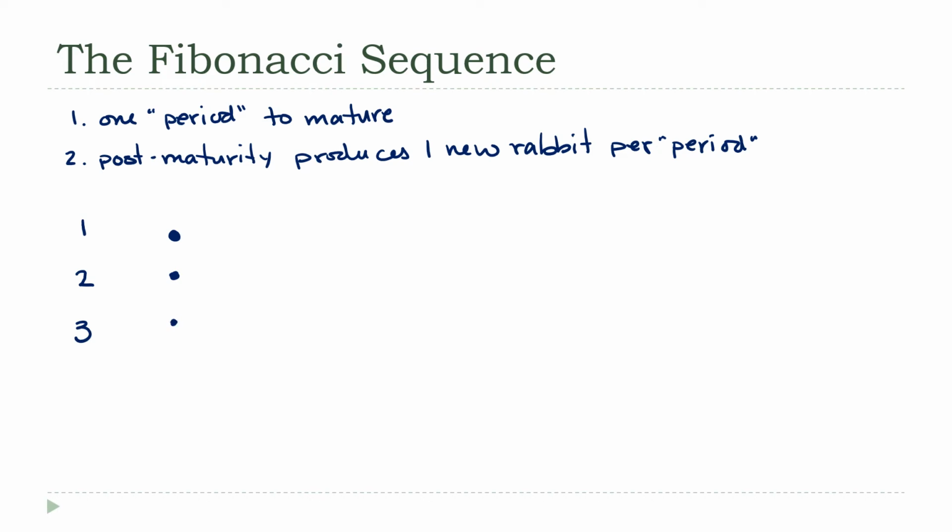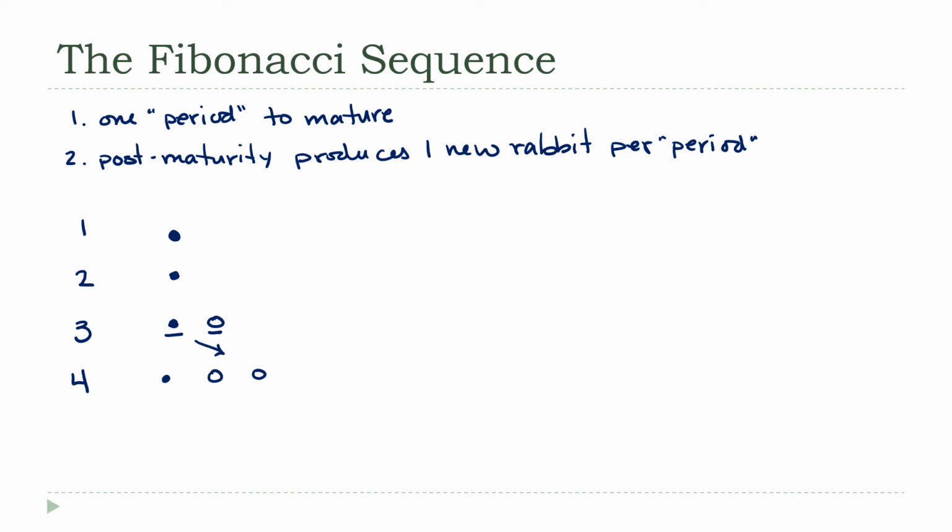So now we have the original rabbit plus its offspring. All right, so keep this going. In the fourth period, we have these two rabbits, and this rabbit reproduced again. This rabbit didn't, because it needs that one period to mature and start reproducing.